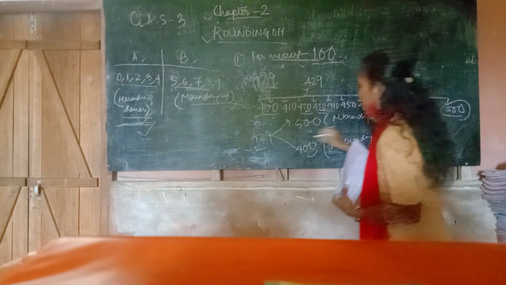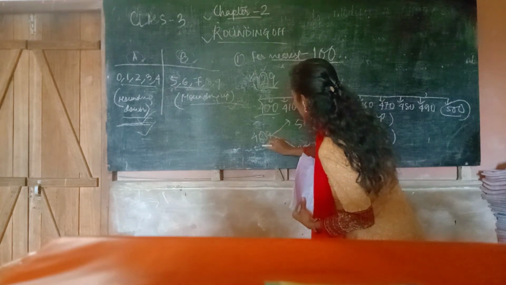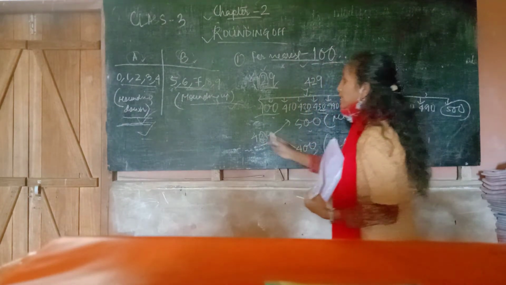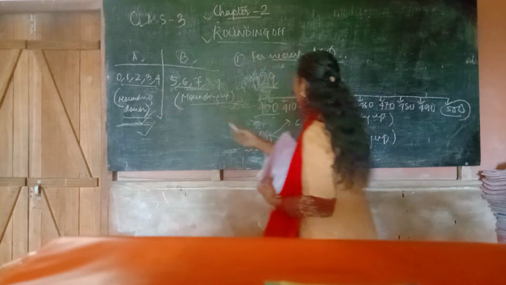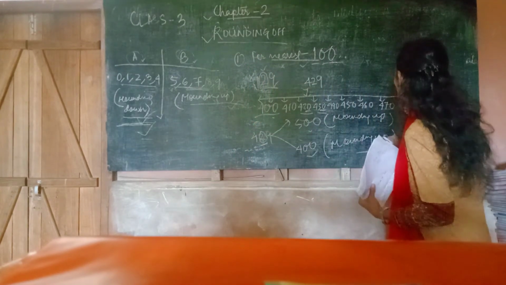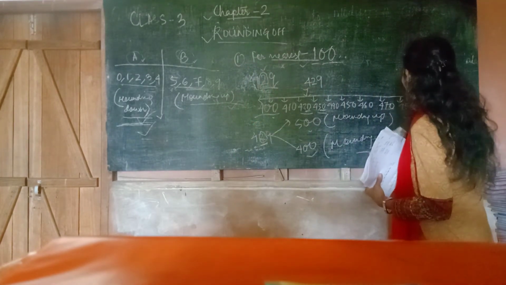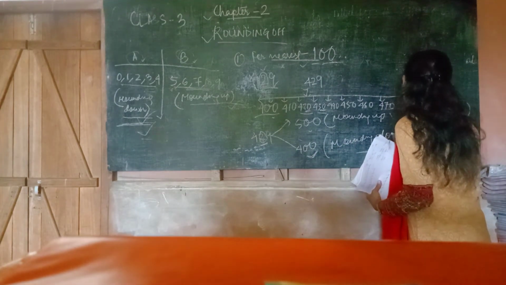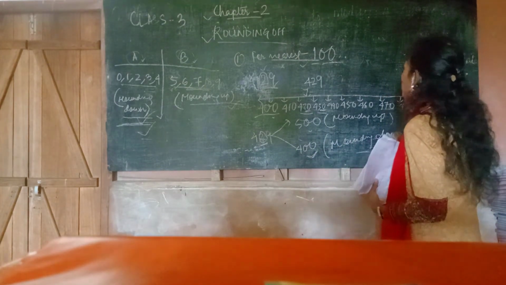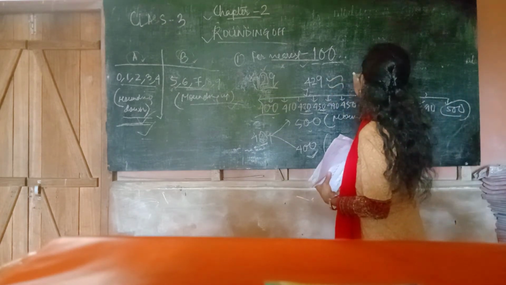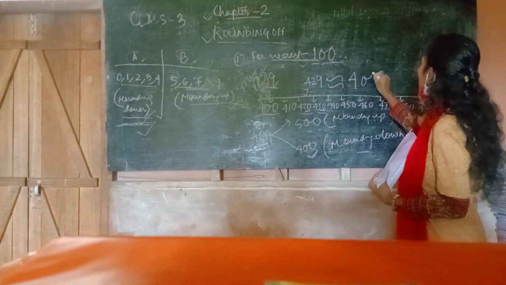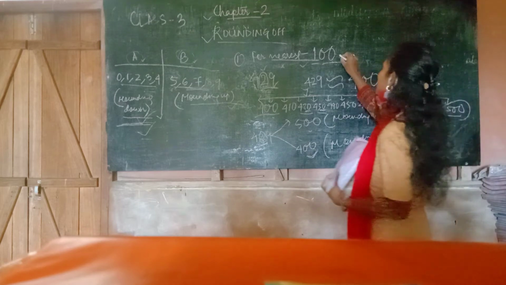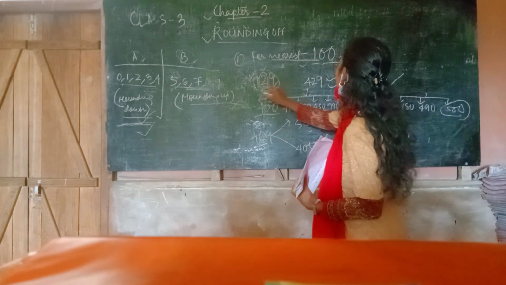The digit in the tens place is 2, less than 5, so it will be rounding down. The lowest number is the rounding down. So 429 rounds to 400.